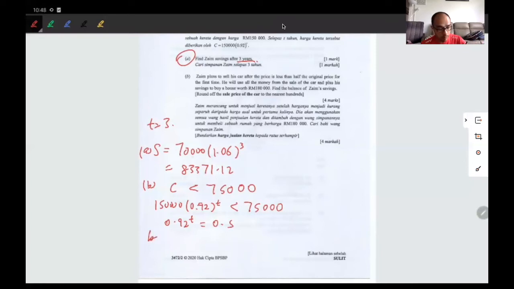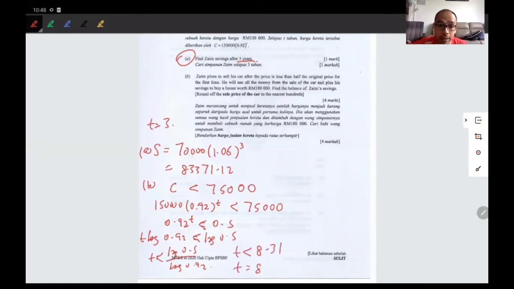So t log 0.92 equals log 0.5. So t equals log 0.5 over log 0.92. Log 0.5 divided by log 0.92, you'll get t equals 8.31. Oh, sorry, less. So t is less than 8.31, so the nearest one will be 8.